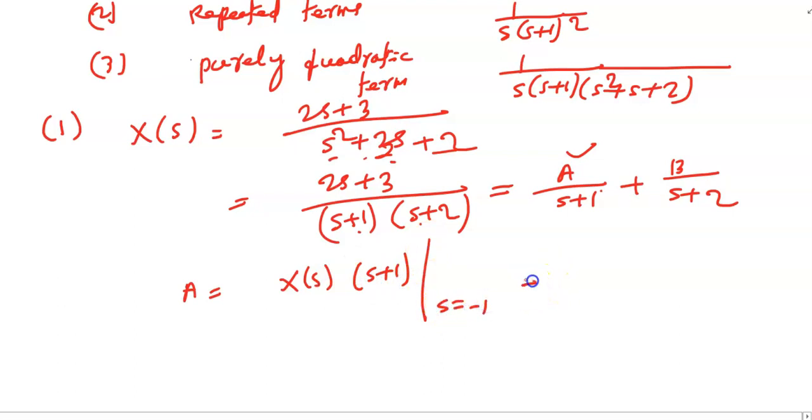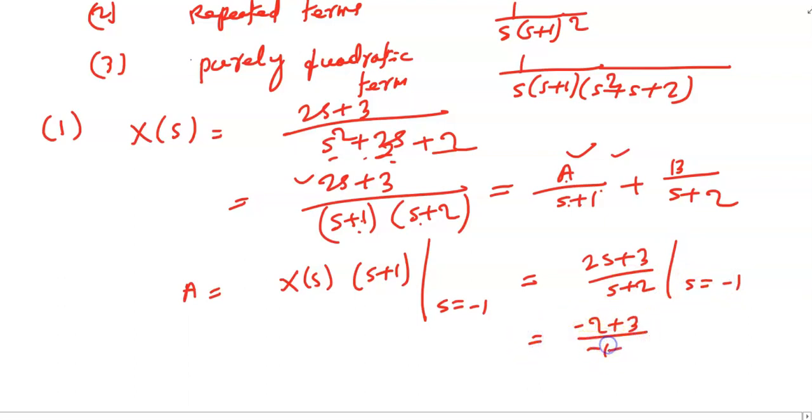When I multiply s plus 1, the s plus 1 is gone in this term, and only A will be here, and the other term vanishes when I put s equal to minus 1, because it becomes 0. So I can write (2s plus 3) upon (s plus 2) evaluated at s equal to minus 1. So minus 2 plus 3, upon minus 1 plus 2. So 1 upon 1, which is 1.